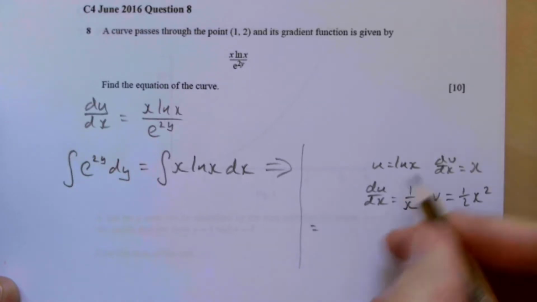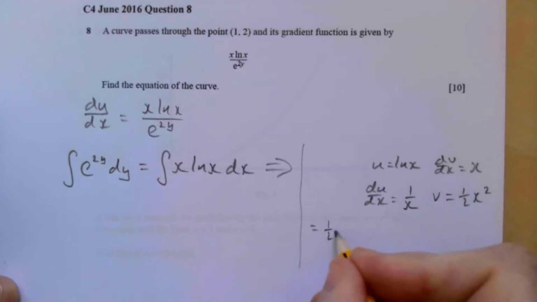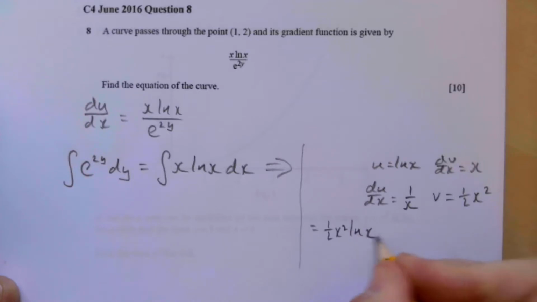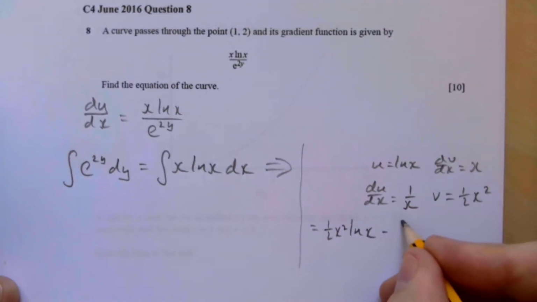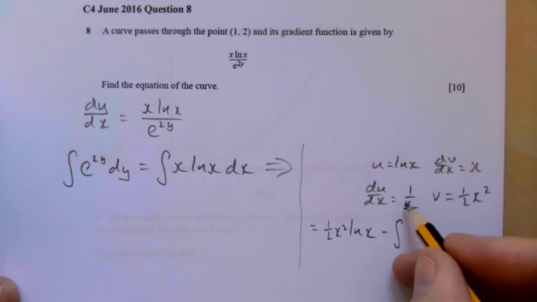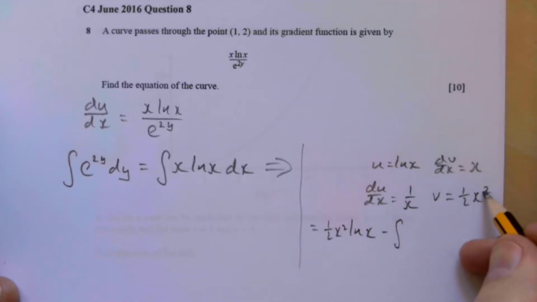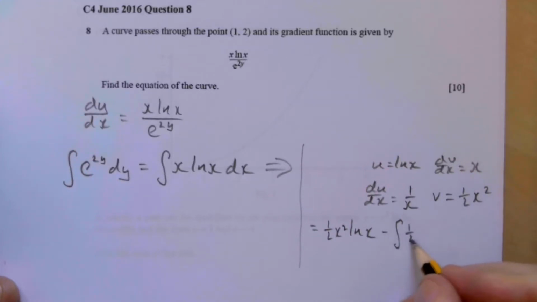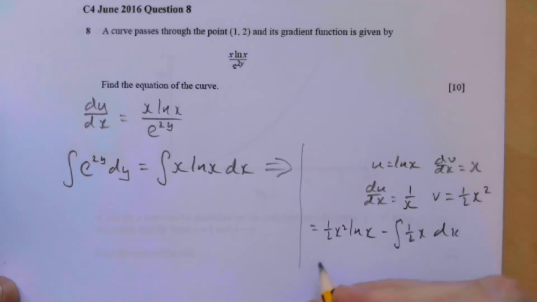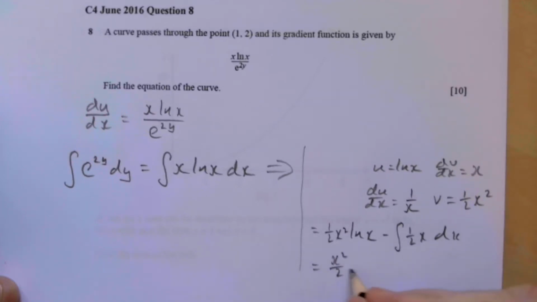So the integral of that is uv, so it's a half x squared ln x minus the integral of v du/dx. So it's a half x squared divided by x, so it's just a half x dx. We're nearly there. I'll write this just as x squared over 2 ln x, and then integrating this, of course, add 1 to the power, divide by the new power, so it's minus x squared over 4 plus c.